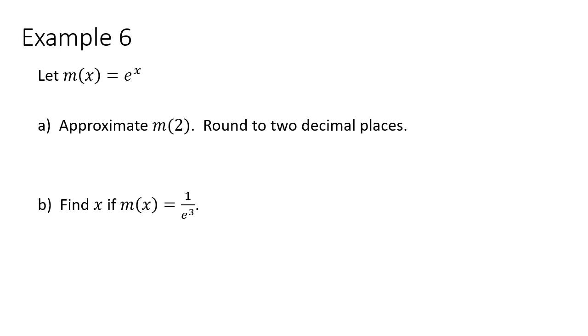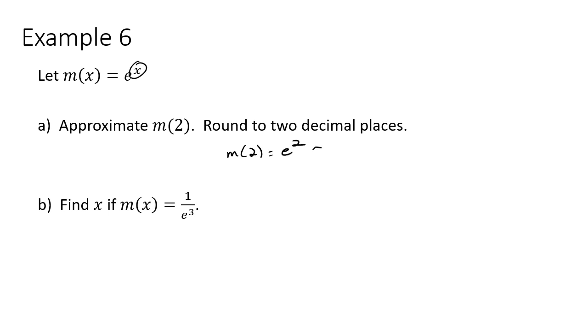So now let's work a couple of quick examples with base e. So we're going to let the function m of x be e to the x. And in part A, we're asked to approximate m of 2, rounding to 2 decimal places. So this is just function evaluation. M of 2, we're going to plug in 2 for x. So this would be e squared.